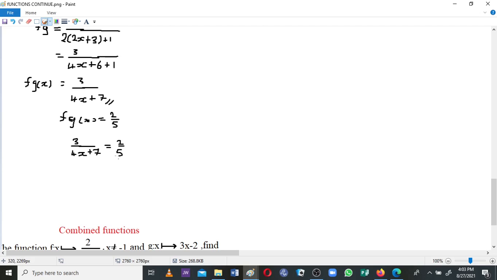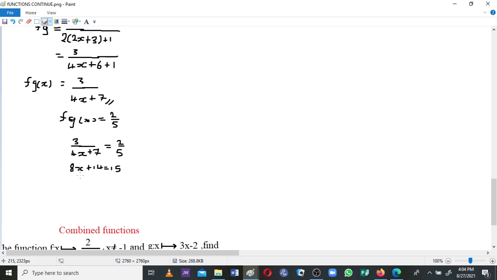Now solving this is going to give you 8x plus 14 is equal to 15, right?